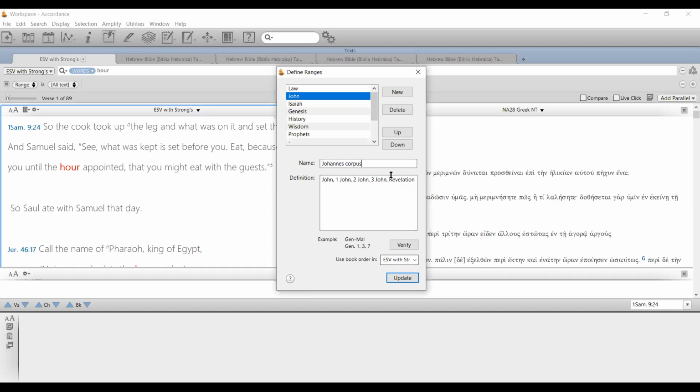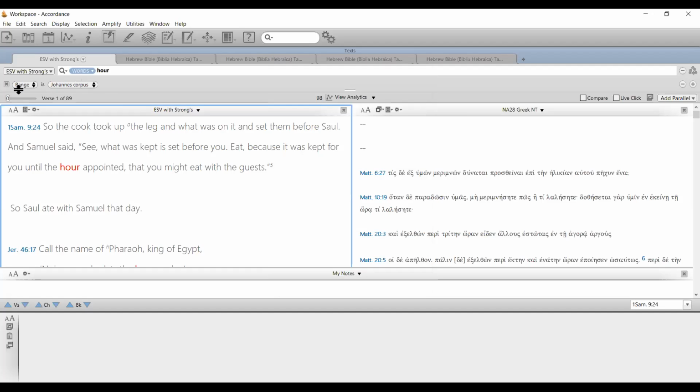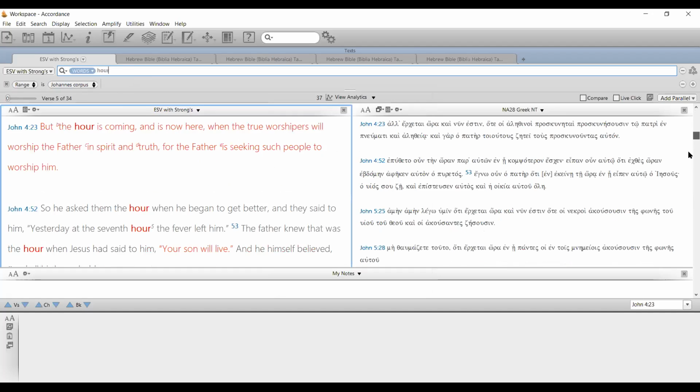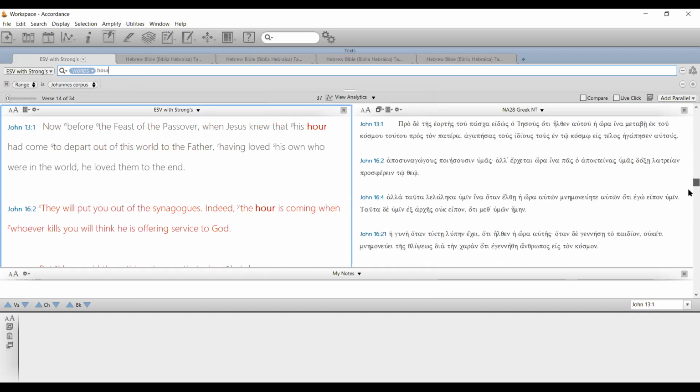So I could put there New Testament or Old Testament. Yes. Then on definition, I put the specific. It gives us examples, Genesis to Malachi, or for example, Genesis chapter 1:37. So we can even select the chapters. Okay, let us update. Now do you see it is looking at the Johannes corpus? So the range is Johannes corpus. And let me see how it works. Did it find anything?